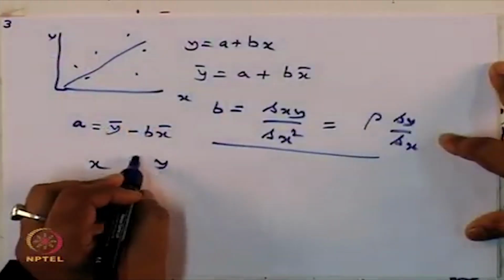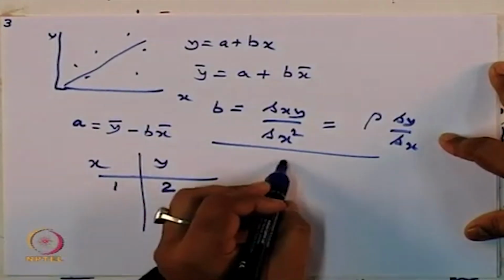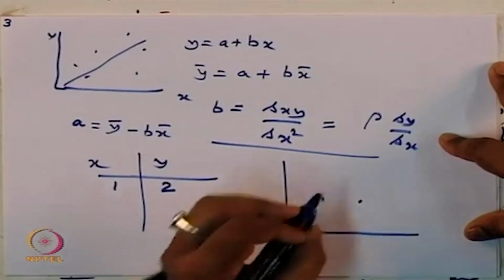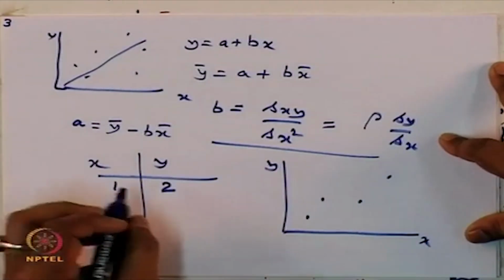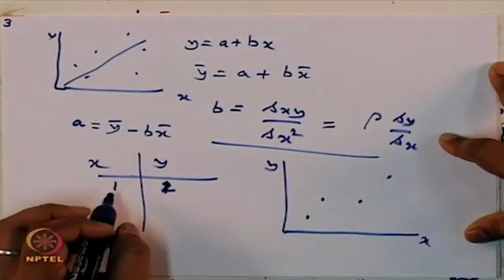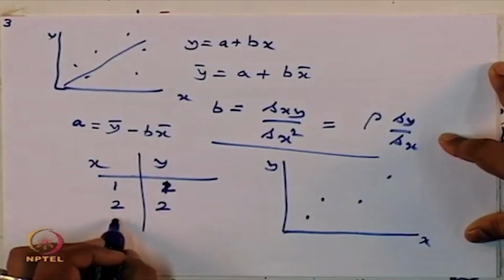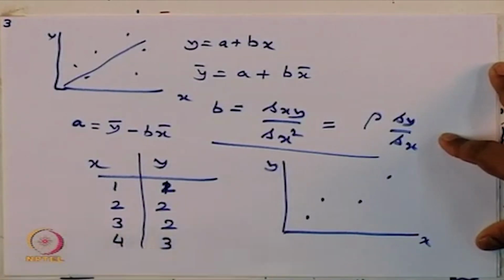Let us take the following values. Let me make a data like this. This is my x, this is my y. So x and y are 1 1, then 2 2, 3 2, 4 3.